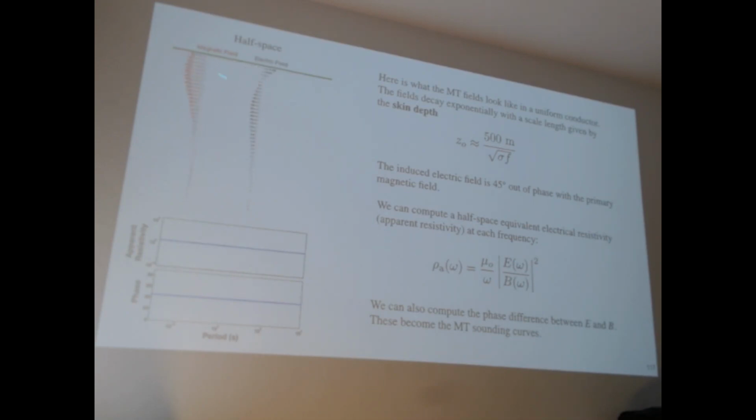So if this is a half space, we compute the apparent resistivity at every frequency, and because it's a half space, it will be the same thing. So the apparent resistivity will be the true resistivity in the half space, and the phase will be 45 degrees. No matter what frequency I use, I'll get the right resistivity because it's always a half space. Okay.